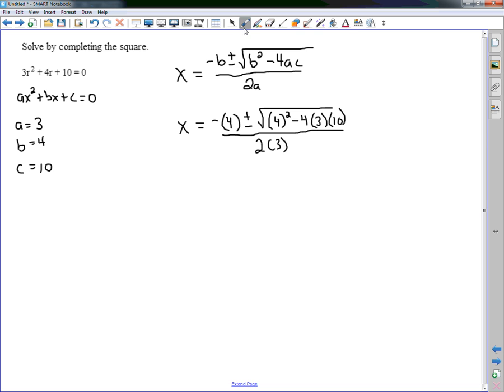Okay, so I'm going to figure this out off to the side so I don't have to rewrite the whole problem.